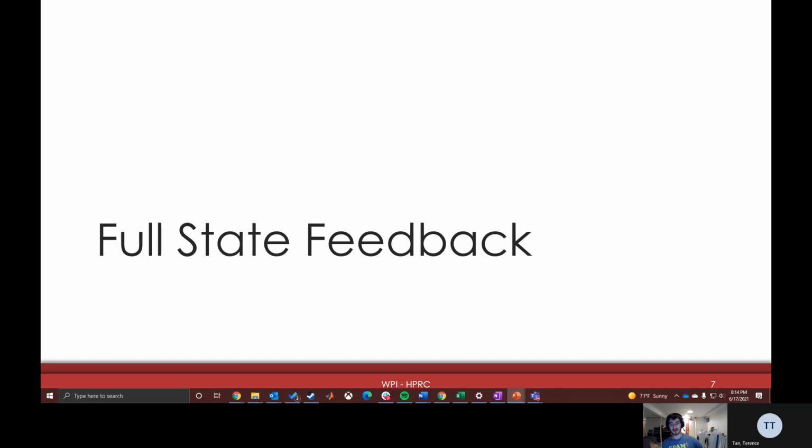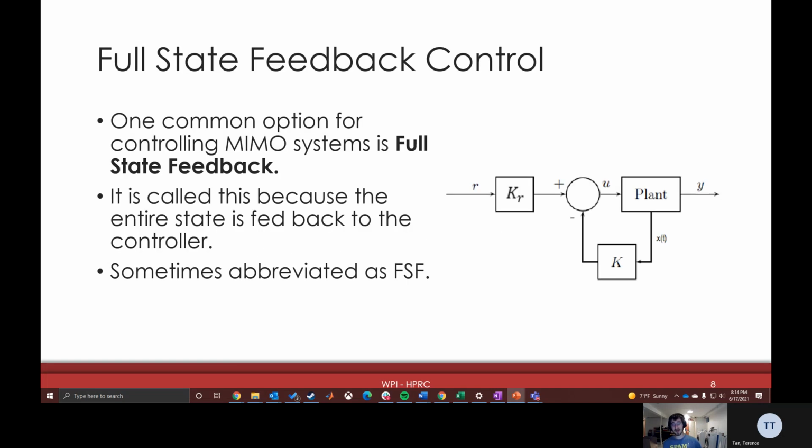Now we can go on to the fun stuff for today. Full state feedback control is a common method for controlling MIMO systems. On the right, you can see our diagram, which is similar to the PID diagram, with our whole system represented as a plant.